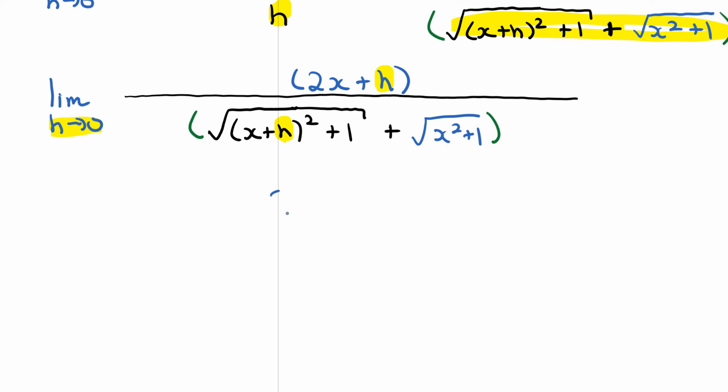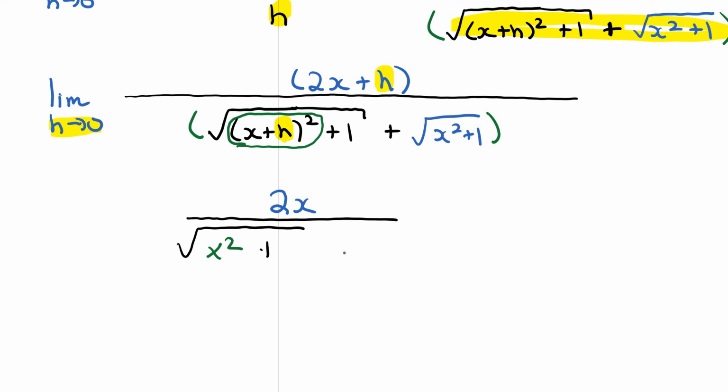So on the numerator, I have 2x. And then on the denominator, I have the square root of, let's see if we can do this part right here. We're saying that h goes to 0, so that will be x plus 0 to the power of 2, which is just x squared, and then plus the 1, and then plus the same thing, which is the square root of x squared plus 1.